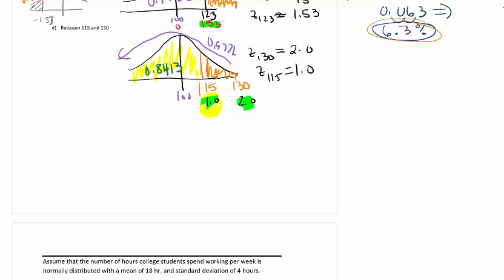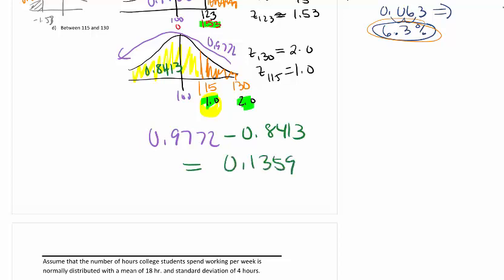I don't want that highlighted yellow piece. The full range from 130 to the left is 0.9772. I don't want to include that all. I want to take off the highlighted yellow piece. So I'm now going to subtract that 0.8413. Going to do that in my calculator, and we should get 0.1359.